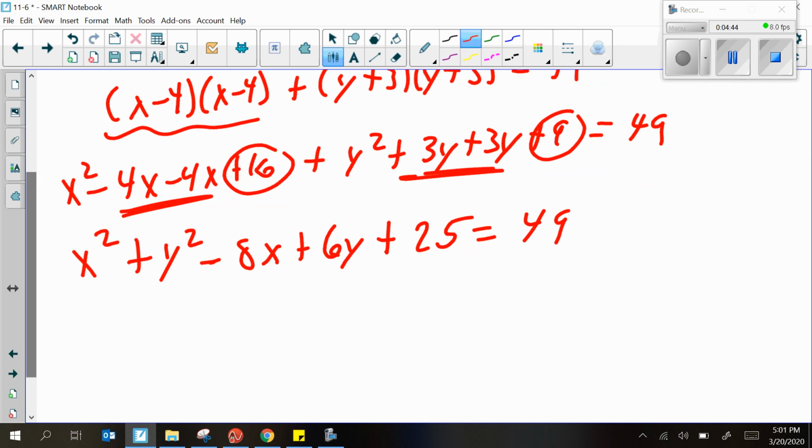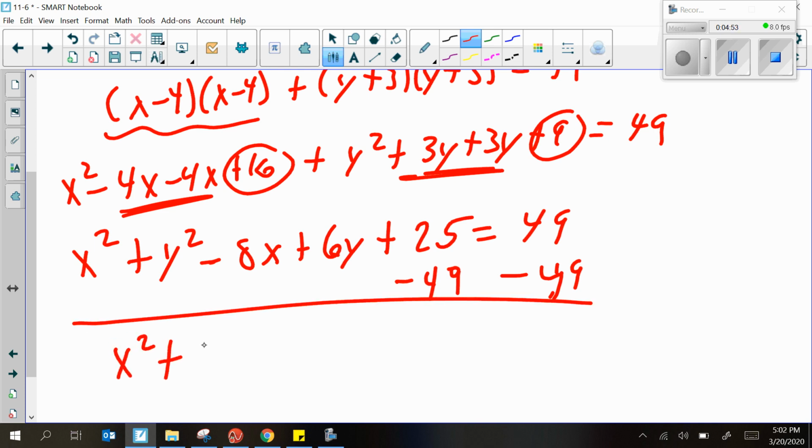And I'm just about done. I just have to subtract that 49 from both sides. So x squared plus y squared minus 8x plus 6y, and then that would be minus 24. And I'm done. That would be in standard form.